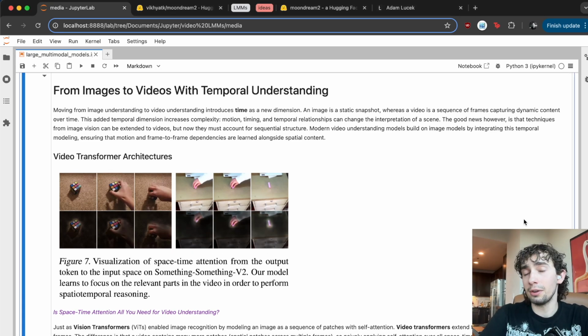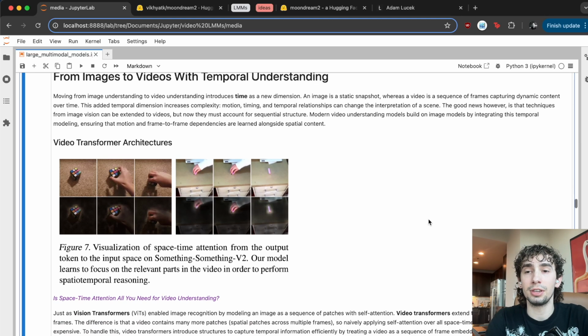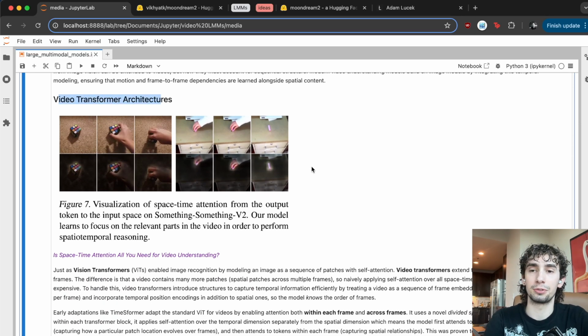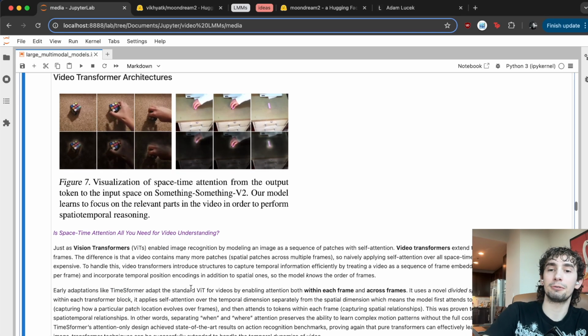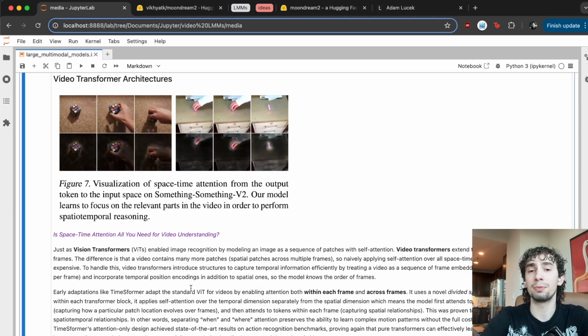So to kick us off here, very similar to what we saw with images, is the introduction of video transformers. Building on top of the existing vision transformers, things like TimeSformer adapt it for videos by enabling attention within each frame and across frames.